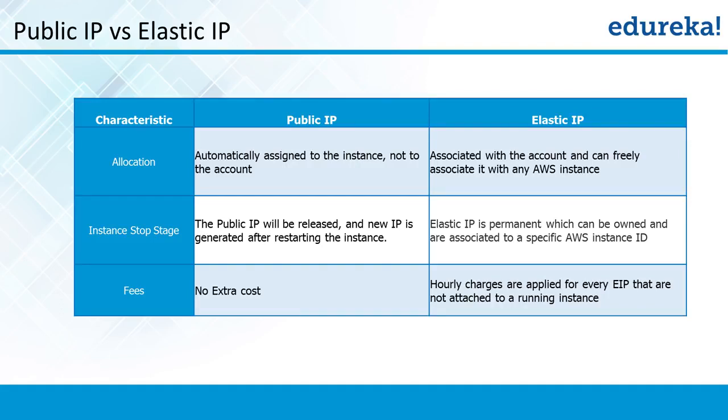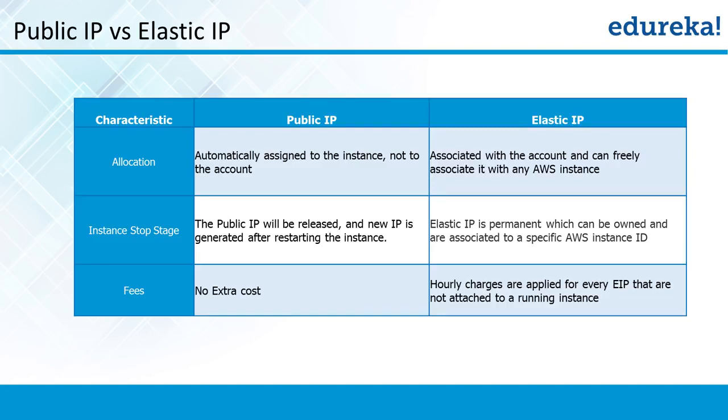An Elastic IP address is also a public IP address. The difference, however, is that the Elastic IP address is issued to your AWS account, whereas the public IP address is assigned to a particular EC2 instance.